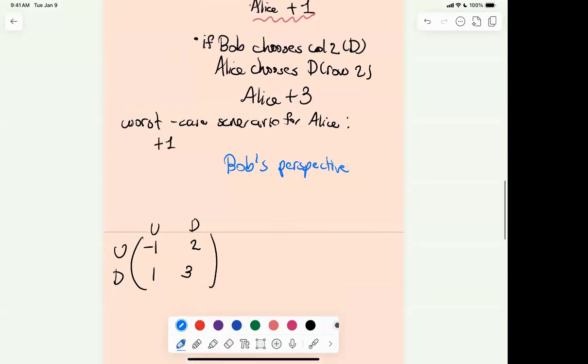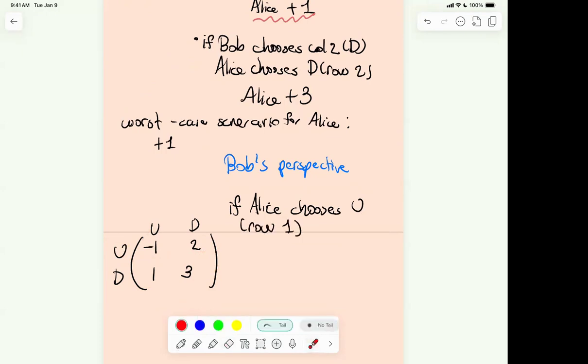Again, you're Bob, and you have to think, what would Alice like to do? Alice is the row player, so she will choose something in these rows. Imagine that Alice chooses row one.